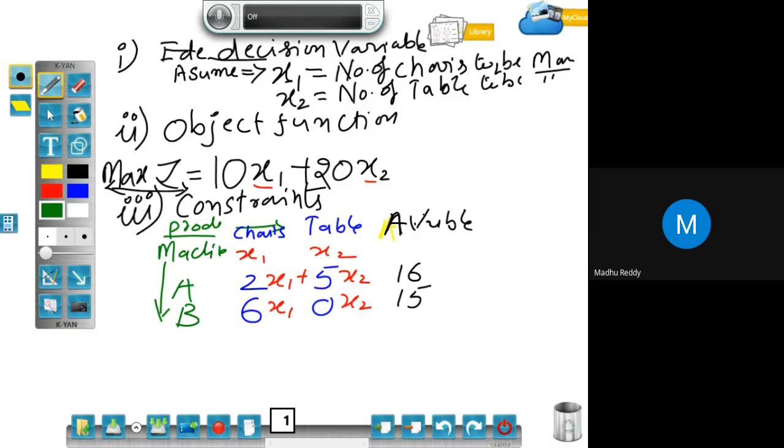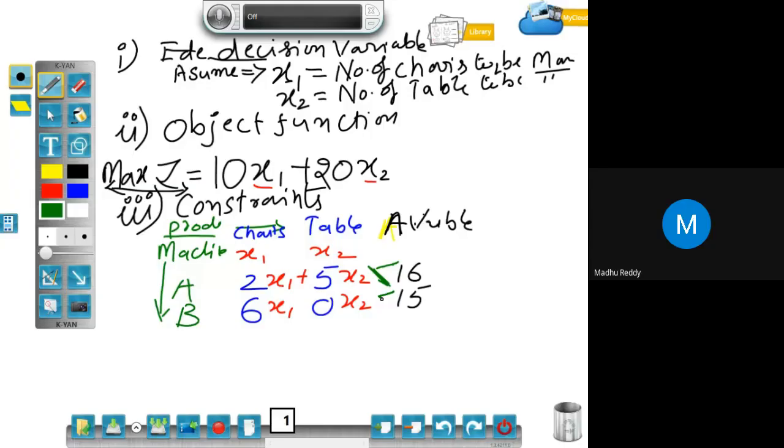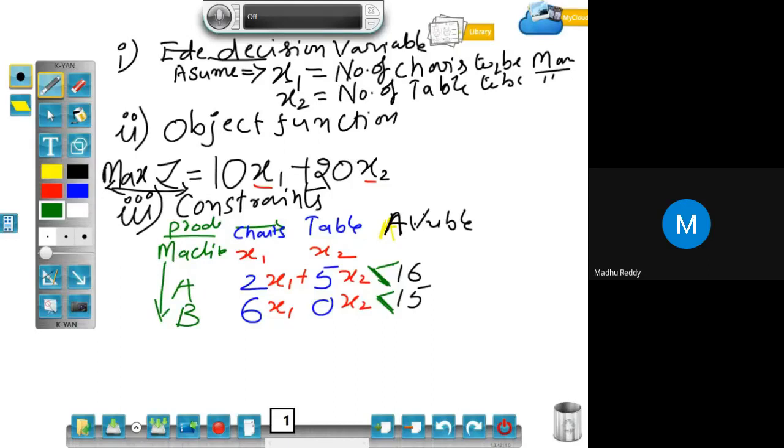So these are the total time. So 2x1 plus 5x2 must be less than or equal to this. Again, the total time available on machine B is 15 hours. That is also less than or equal to. So in this way also we can specify.